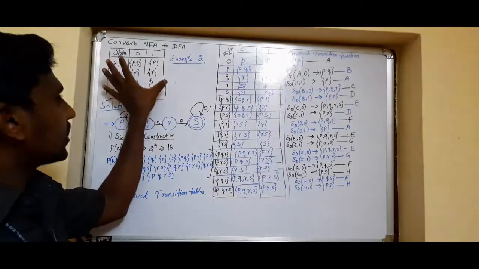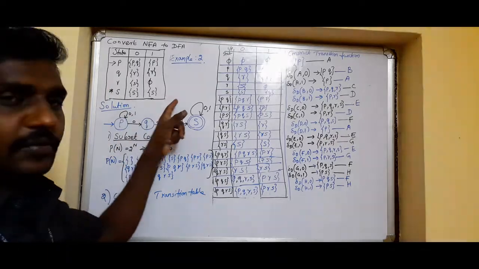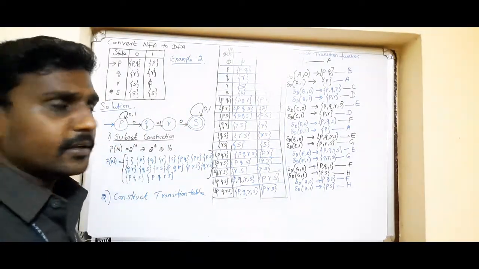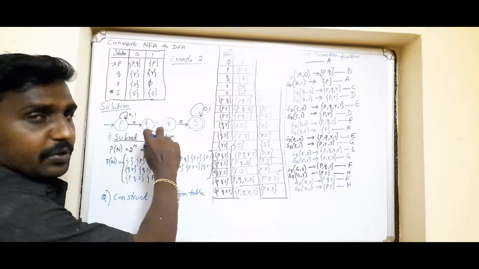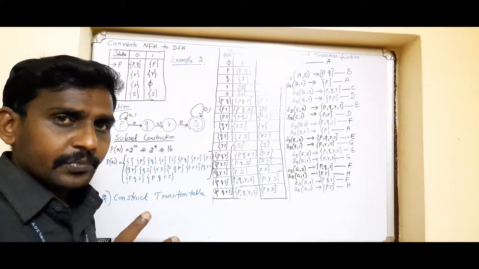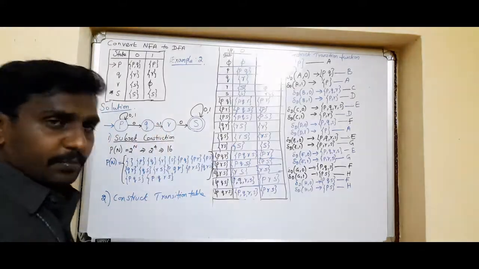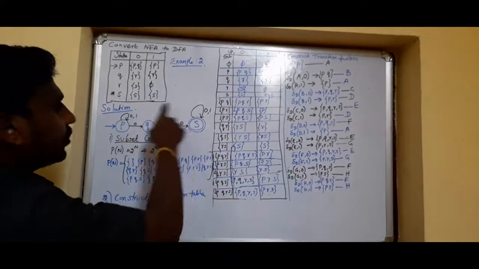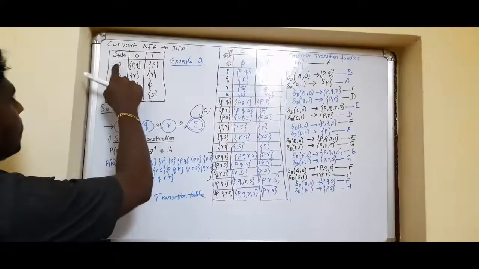This is the question, they have given a transition table, and from the transition table itself we can find this is an NFA, because state P reads 0 and goes to 2 states: P comma 0 P and P comma 0 Q. I'm converting this transition table into a transition diagram. How many states do I have?